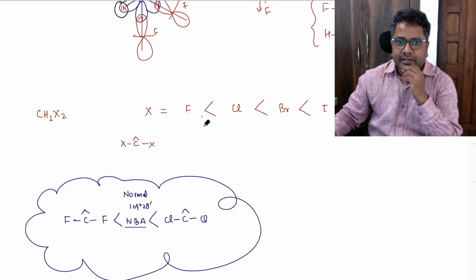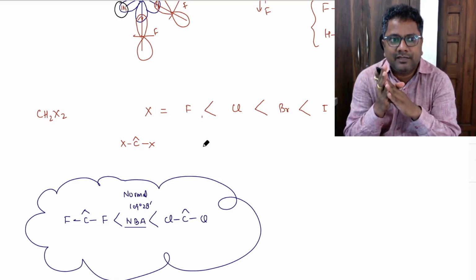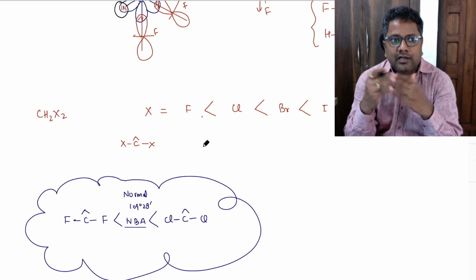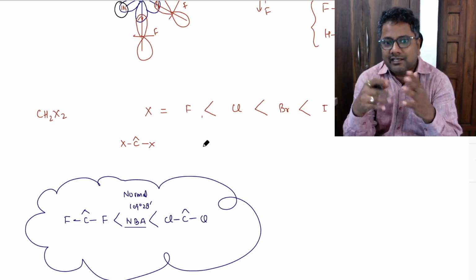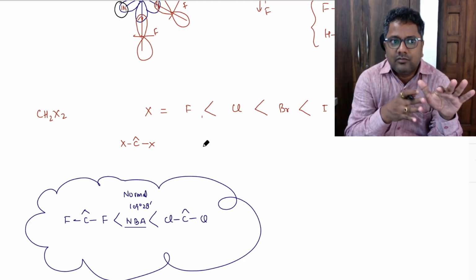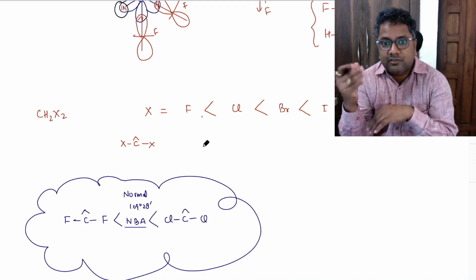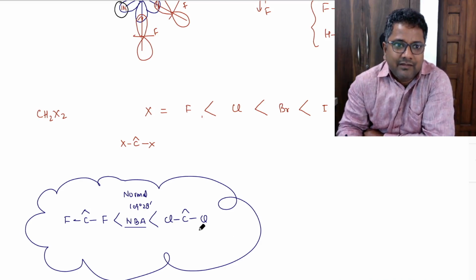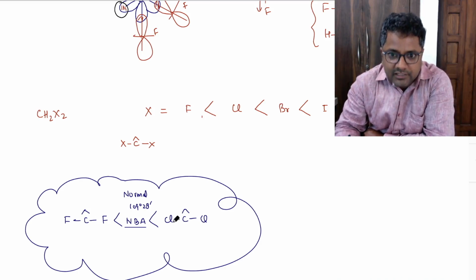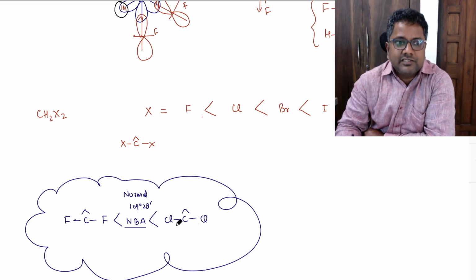So see here this fluorine, and if you compare with the CH4 hydrogen, you can say HCH bond angle. So fluorine will go down, but chlorine will go up. Chlorine, this is I think 111 degree and this is 108 degree, right? It is close to 108 and this is 111. So the important thing is that despite increasing electronegativity, their size also increases.